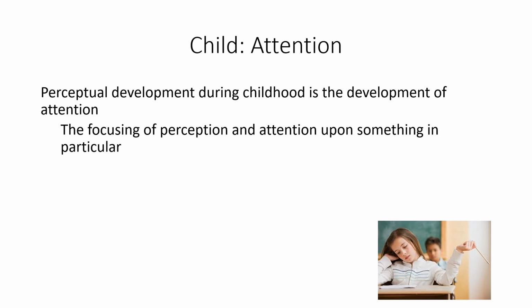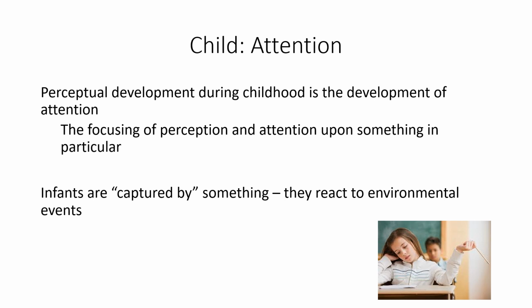So infants are captured by something. They react to environmental events. Children, on the other hand, can be directed towards something, directed towards it on their own or directed towards it by others. And this is why we have school age start at about the age it does, because at that point attention starts to become focused enough that children can learn at the direction of a teacher.